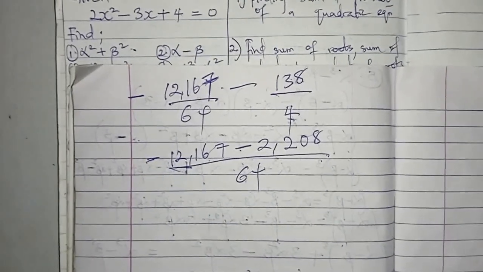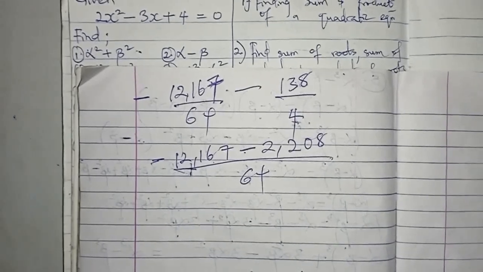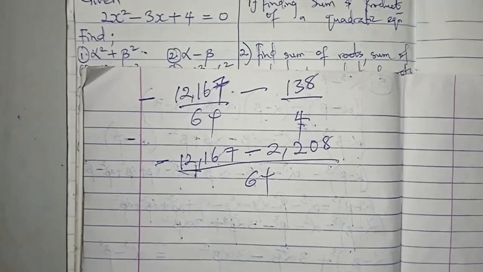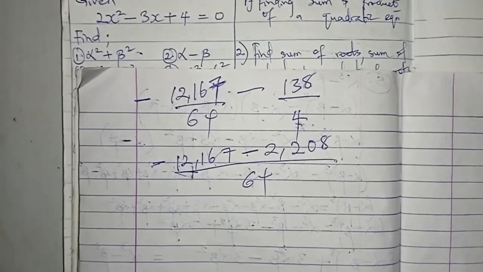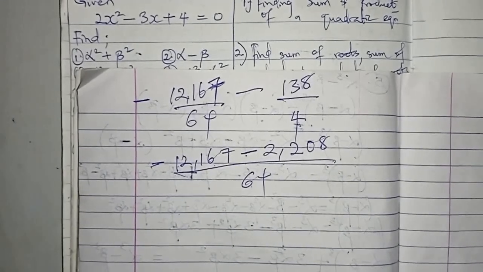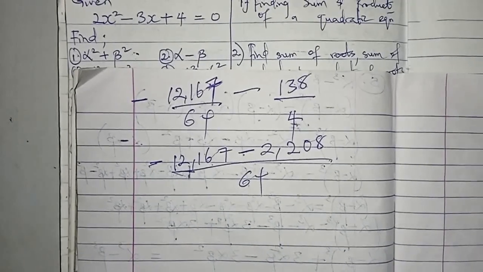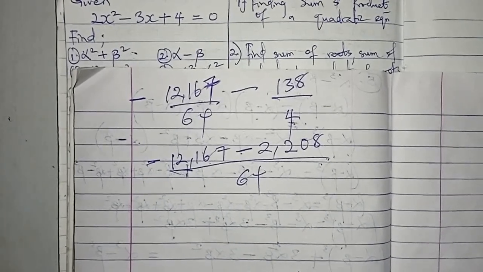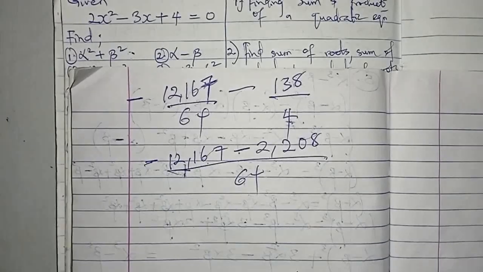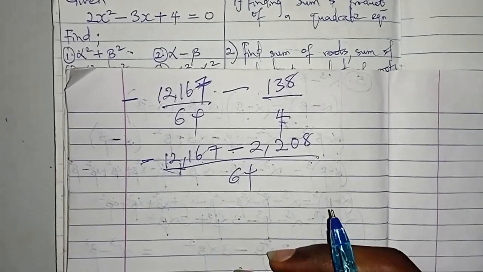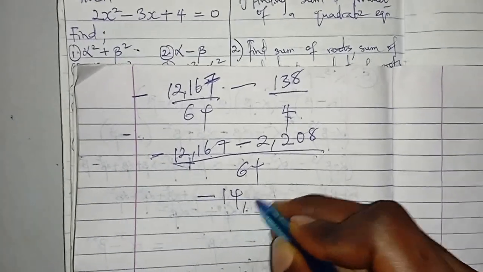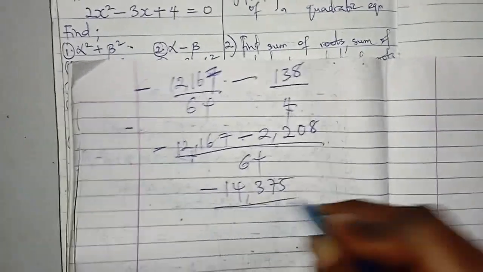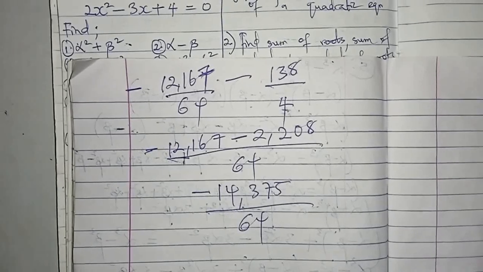So minus 12,167 minus 2,208 minus 14,375 all over 64.